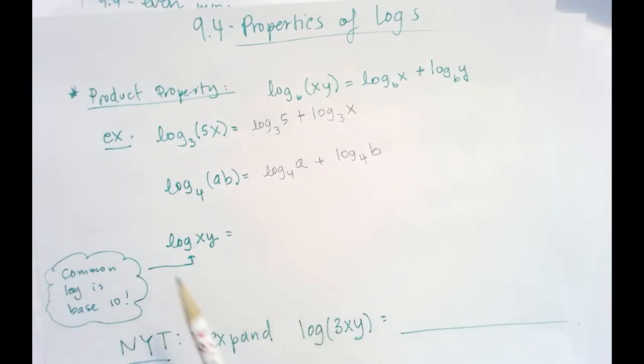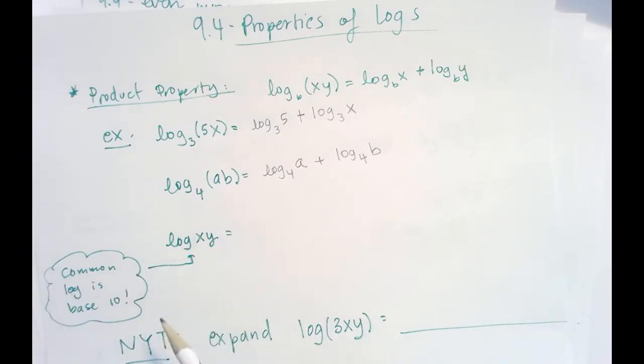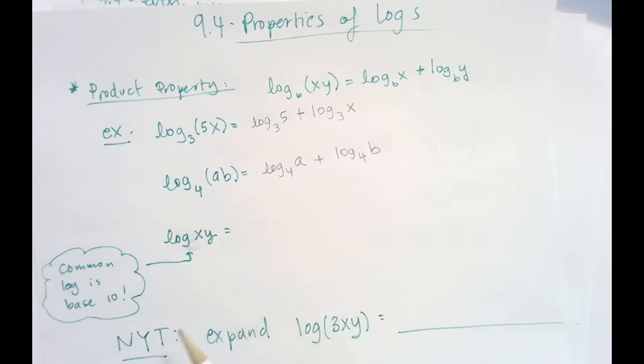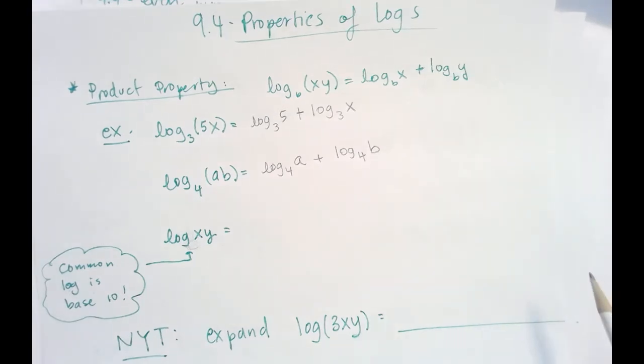Okay. So common log is base 10. In the book, it doesn't really talk about this too much, but I just thought it would be worth a mention that if there is not a base written down here, it's assumed to be base 10. In the book they actually write out the 10, but in the normal math world you don't really write that 10 out. It's kind of like how 1 is in front of the x. You see x, you assume that there's a 1 in front of it.